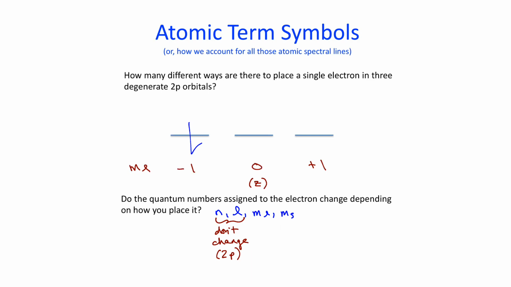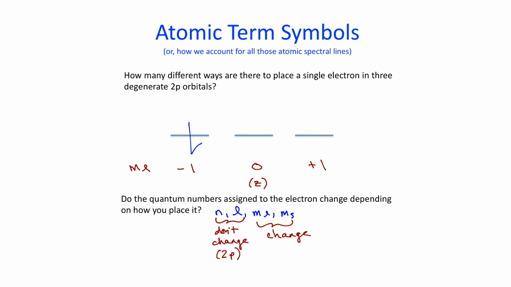So if I am spin down, like I've drawn it here, that gives me an m sub s of minus 1/2. If I choose to draw it spin up, then I get an m sub s of plus 1/2. So m sub l and m sub s both do change, depending on how you've placed your electron in those 3 orbitals.